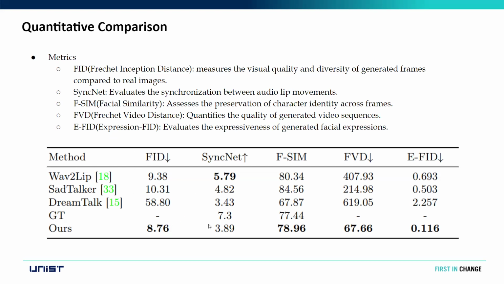So in terms of lip synchronization, Wav2Lip is better because the Wav2Lip model just produces lip movement. It doesn't produce any face movement, so it is better because of that. In other metrics, it shows their method is better.